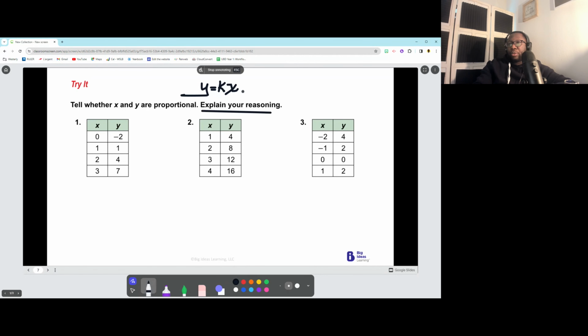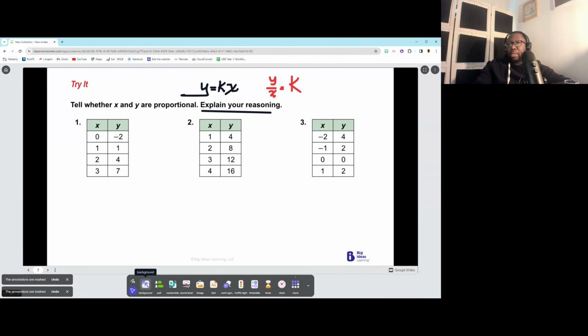If we want to figure out the constant of proportionality, we divide by x, so we have y divided by x, and then divide this side by x as well. This is now equal to 1, so k is isolated by itself. That means k, the constant of proportionality, is equal to y divided by x.